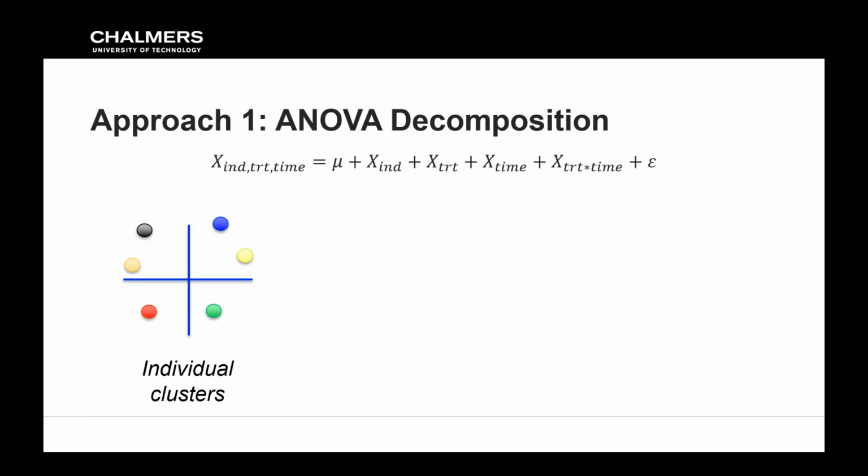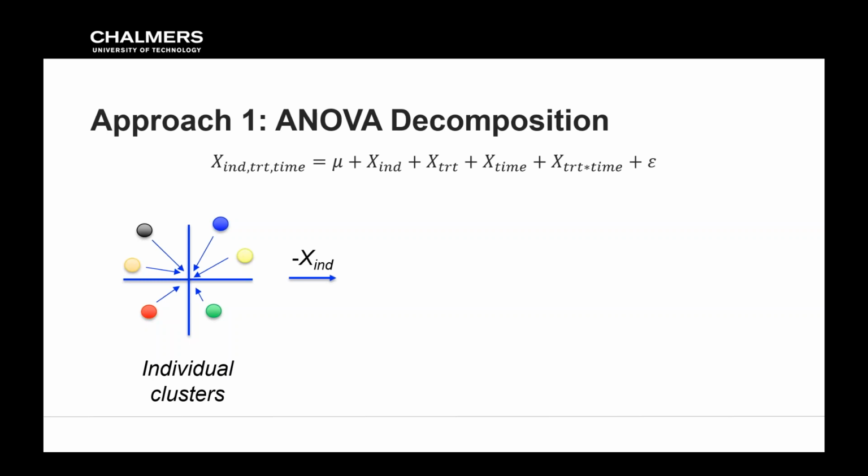So the first step is to look at this naive graph with individual clusters, where each colored blob represents multiple measurements clustered around each individual in a PCA, because the individual is very often going to be the main determinant. So how do we look at time effects when there is so much effect of the individual?